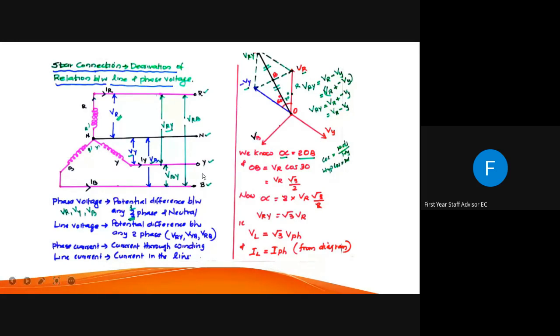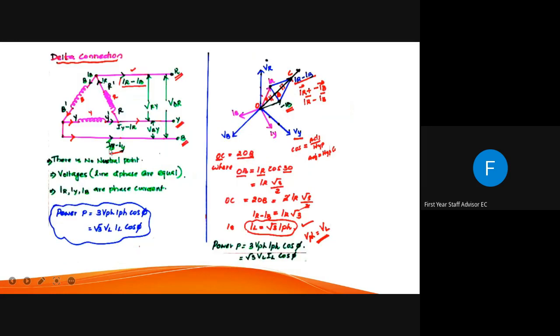With the help of a phasor diagram and the simple parallelogram theory, we derived the equation VL equal to root 3 V phase. In today's class, we are going to discuss the delta connection and see the derivation.